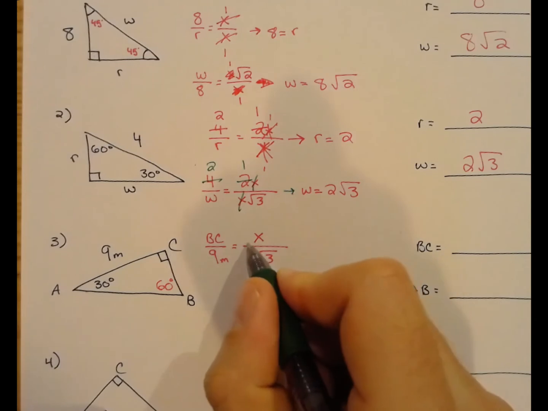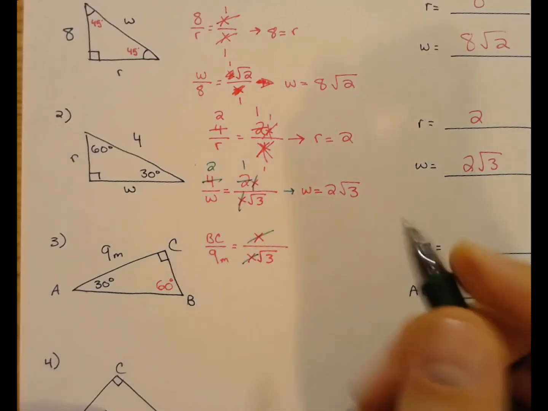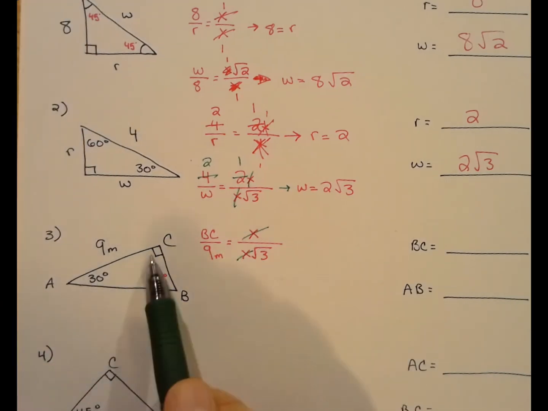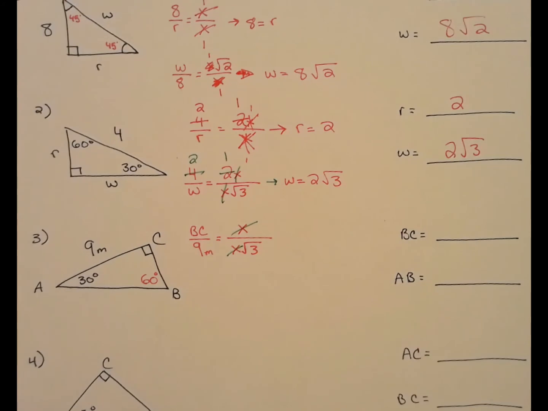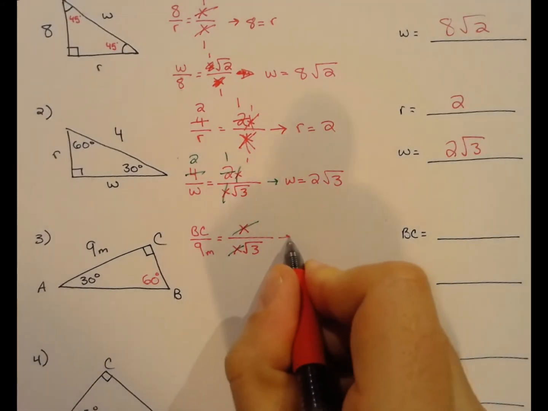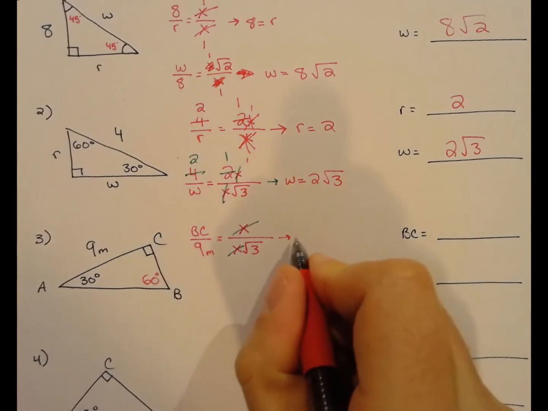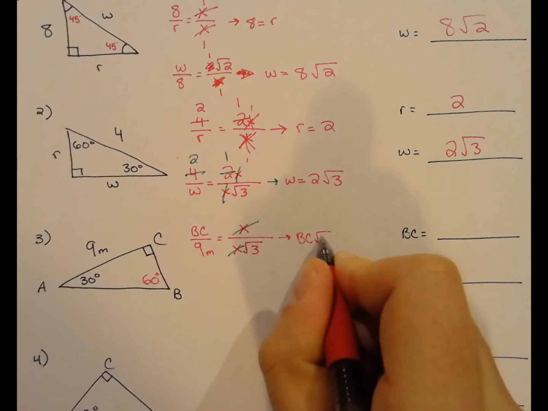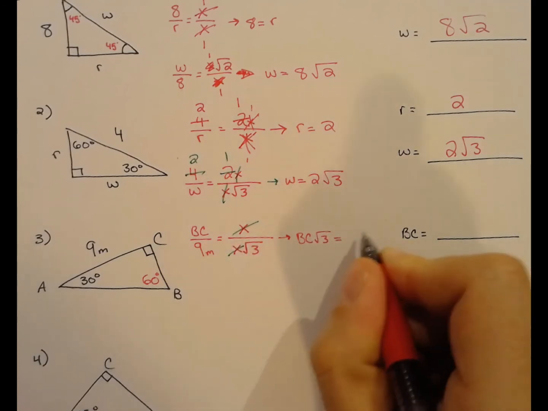And you want to avoid thinking about it in terms of, oh, the side on the right matches up to the side on the right or the side on the bottom. You definitely want to use the angles to detect which sides correspond. So when we take the cross product here, BC times root 3 equals 1 times 9 meters.